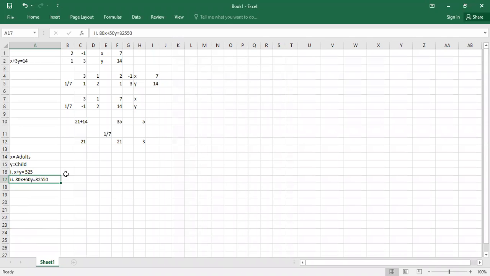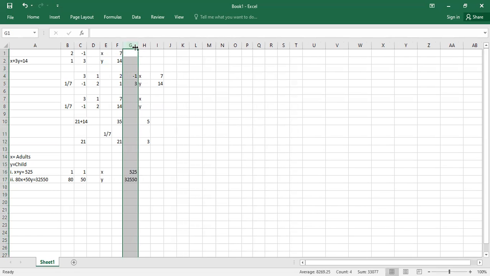So from the equations, we can form our matrix. Our matrix will be 1, 1, 80, 50, multiplied by x, y, supposed to give us 525, 32,550.